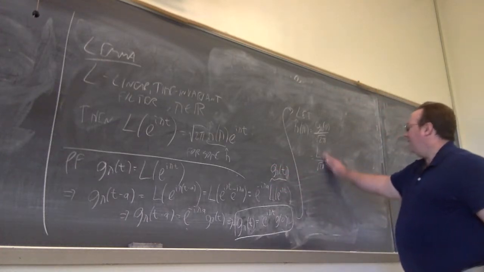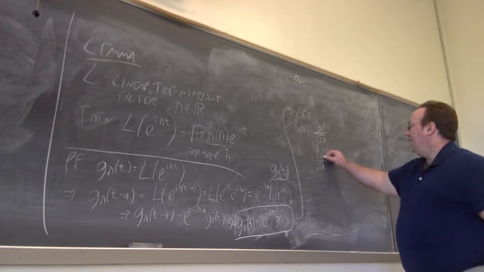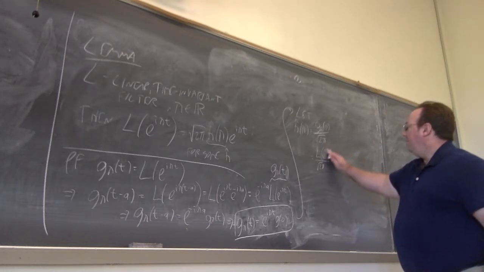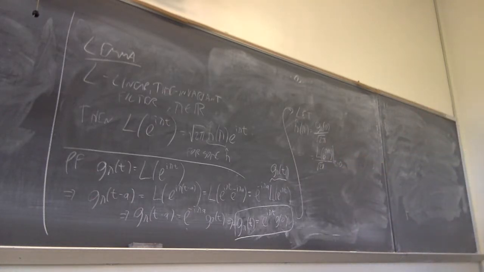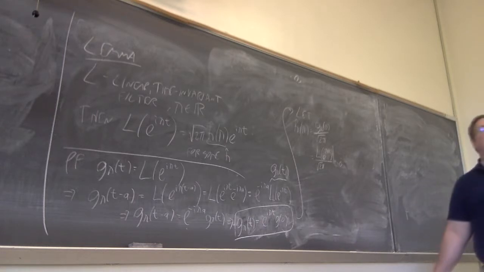It's not that. You apply the filter to e to the I lambda t, which gives you a function of t, but then you evaluate that at t equals 0. Okay, yes. That's why there's still a lambda dependence, but not a t dependence.